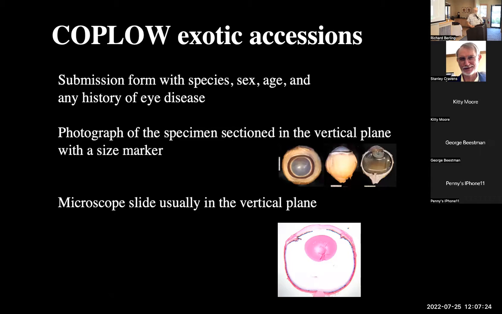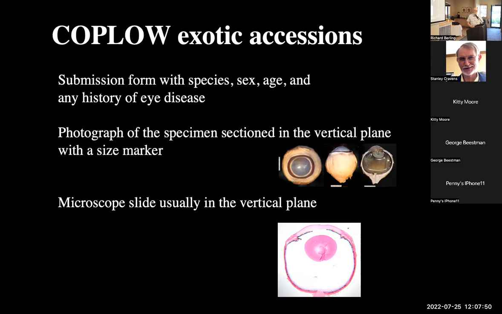Most of what I'm going to talk about now is information I've gleaned from looking at normal eyes rather than diseased eyes. And then in order to study the anatomy, what we do is we process these eyes in such a way that we can look at them in a microscope slide, which is illustrated below. The eye that's on the board here is an eye from a mongoose.